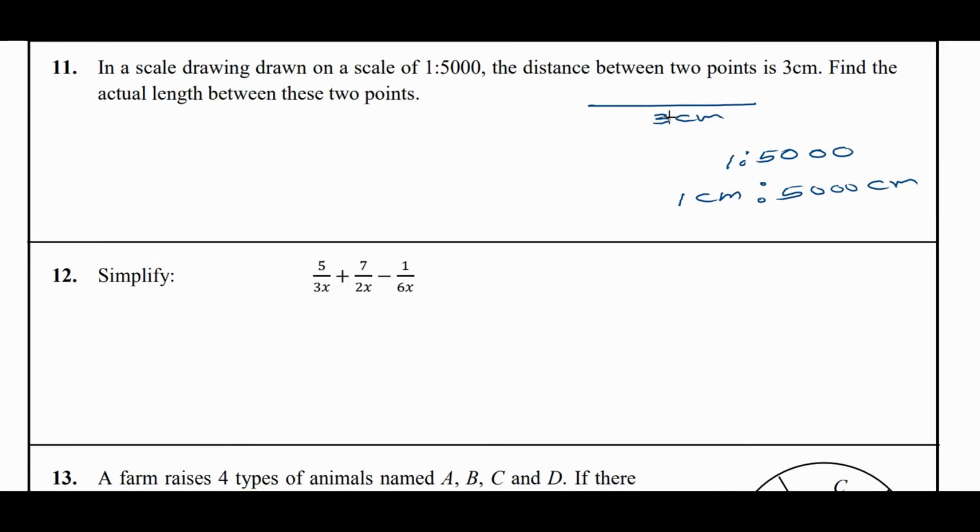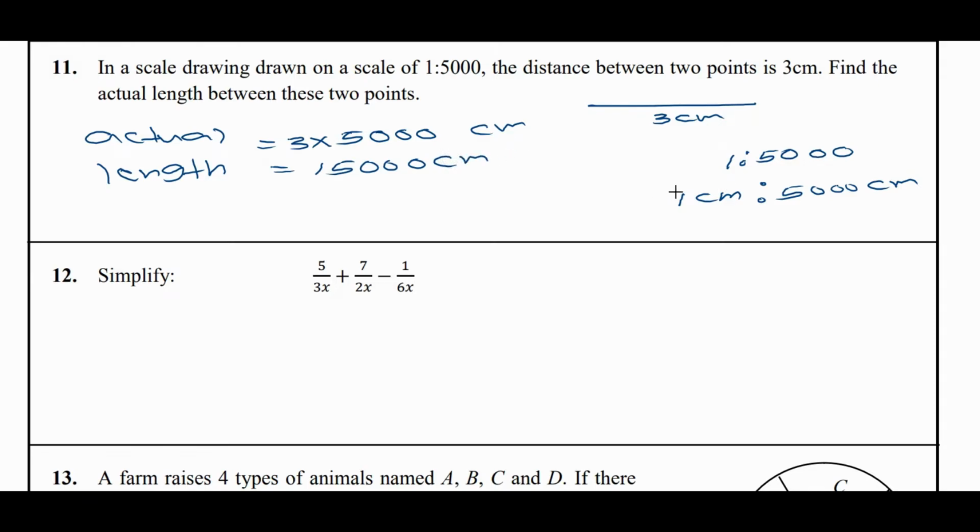Therefore, here we have 3 centimeters, so the actual length should be 3 into 5000 centimeters. That means 15,000 centimeters. It's not a suitable answer in centimeters, therefore this can be converted into meters. 15,000 divided by 100. That means the actual length is 150 meters.